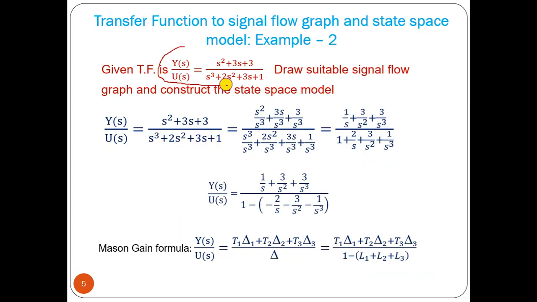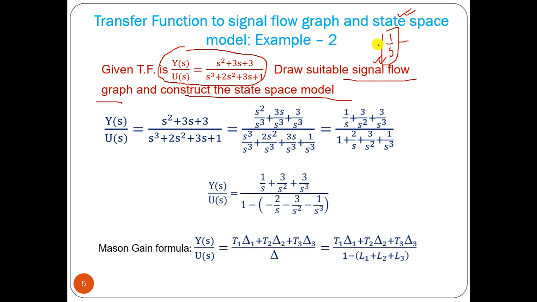Say a transfer function is given, and you have to draw the signal flow graph and construct the state space model. Now from that we can see this is written in 1 plus 3s plus this form. To write the signal flow graph in state space model, the 1 by s term should be there.